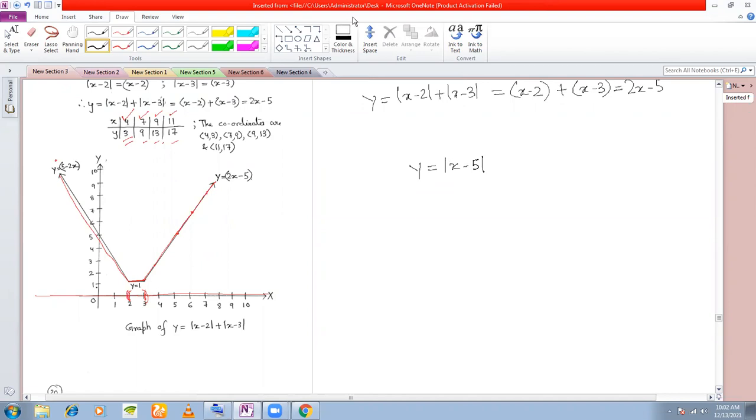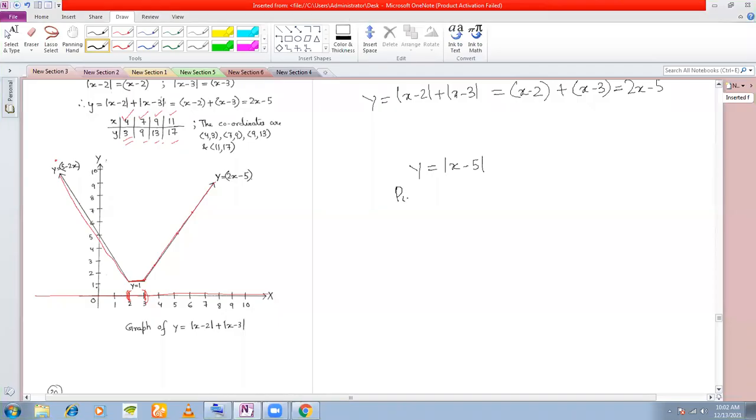Put x minus 5 equal to 0, so you get x equal to 5. So the intervals that I'm going to take are minus infinity to 5, and 5 to infinity.